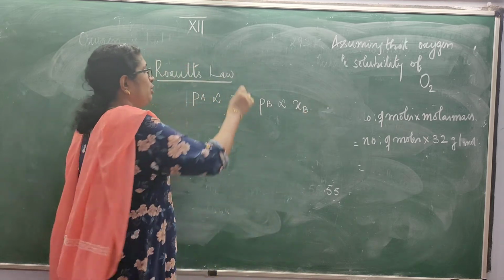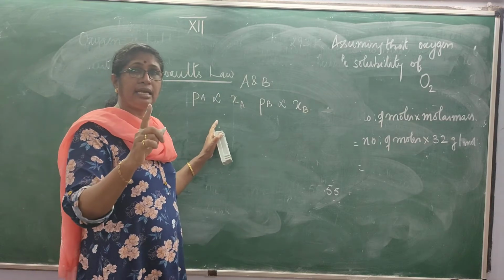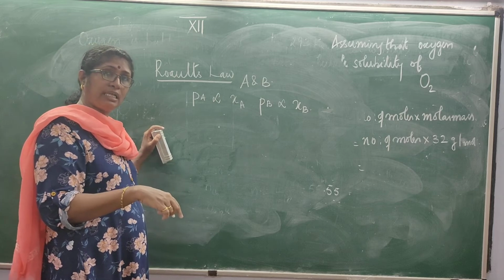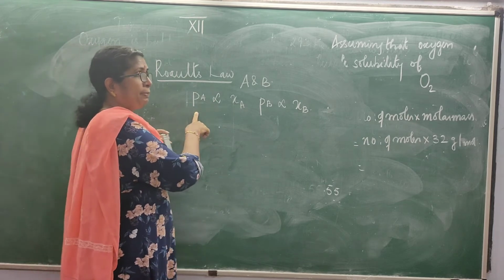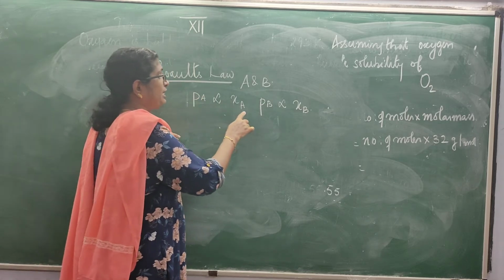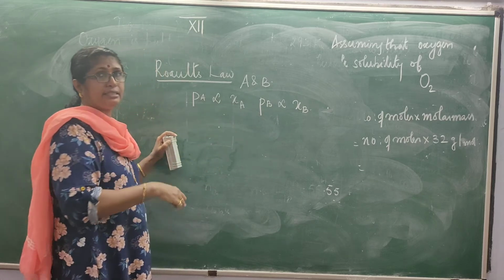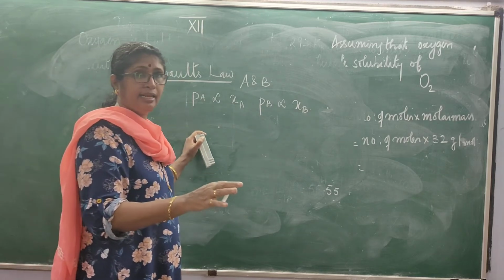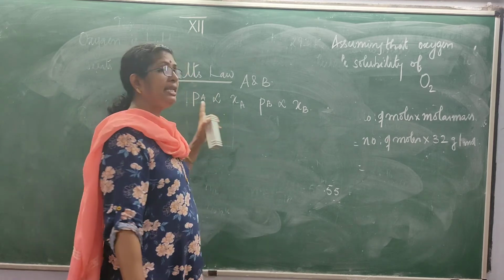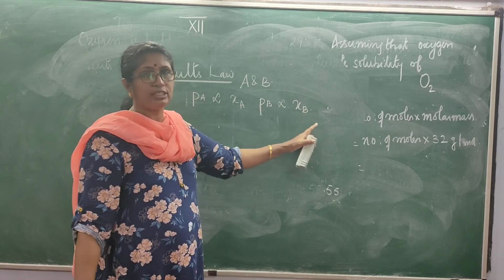First we talked about one volatile and the other non-volatile: if A is volatile and B is non-volatile, then the vapor pressure of the solution PA will be directly proportional to the mole fraction of the solvent, XA. Now in the next case, if both A and B are volatile, then PA is directly proportional to XA and PB is directly proportional to XB.